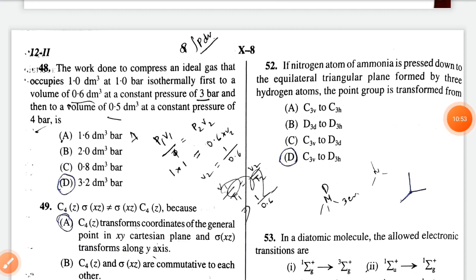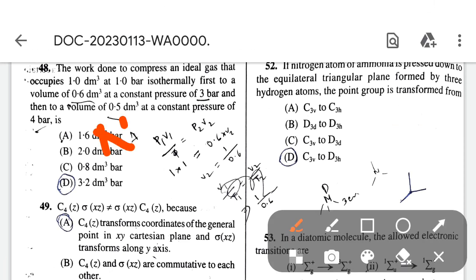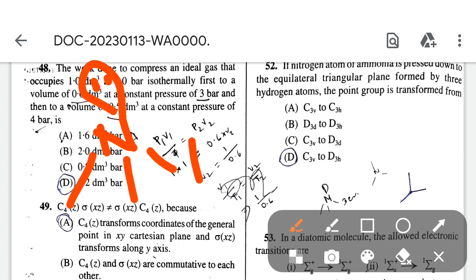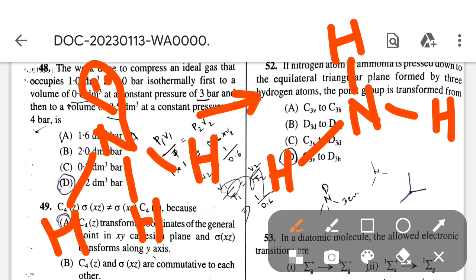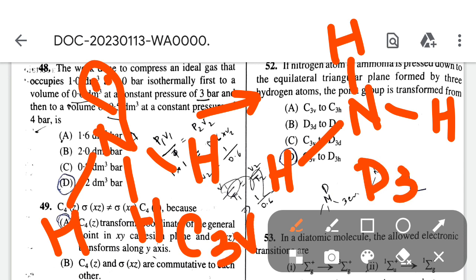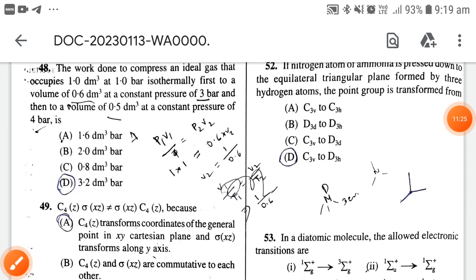That is, when we draw the structure of ammonia, one lone pair is there and 3 hydrogens, and if we get a triangular planar shape, the lone pair is absent or we do not show it, then in this system the point group is C3v and here D3h. So the correct option is option D, C3v to D3h.